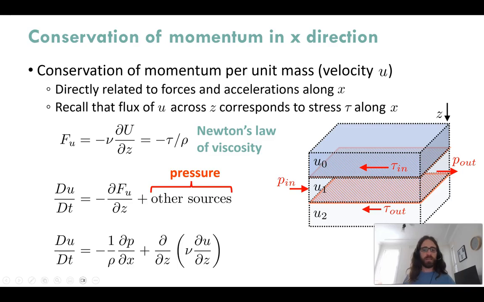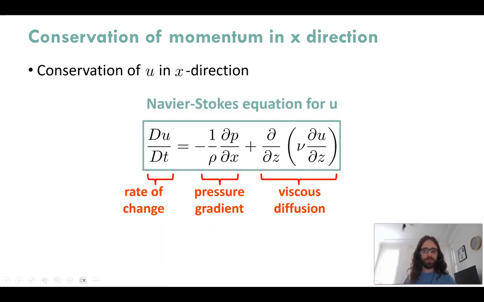The way to represent this pressure contribution mathematically is to take the negative of the pressure gradient along the x direction. If you take this definition for the vertical flux of momentum and plug it into this middle term here, you get a cancellation of the two negative terms, and you end up with a positive contribution that includes two derivatives.